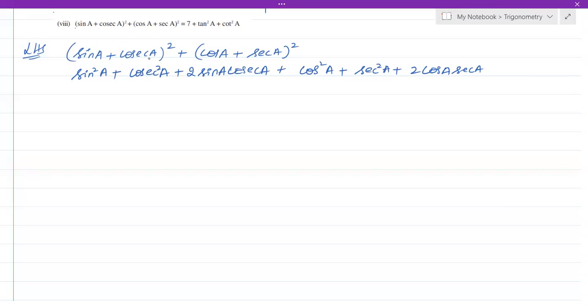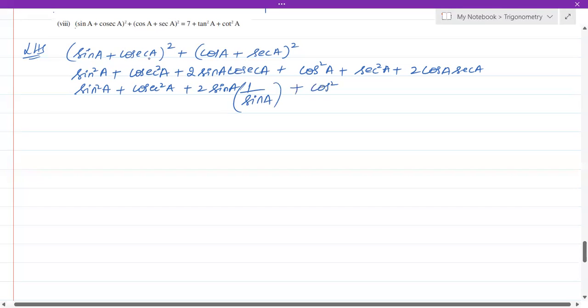Okay, now in the next step, what we'll do is sine² A as it is, plus cosecant² A as it is, plus 2 sine A. Remember, cosecant A can also be written as 1 by sine A, isn't it? The reciprocal relation.